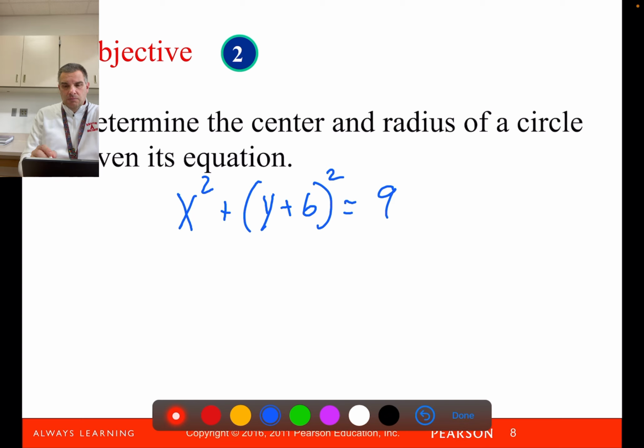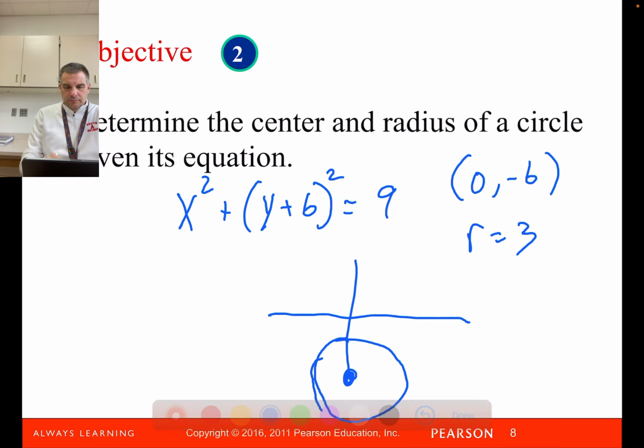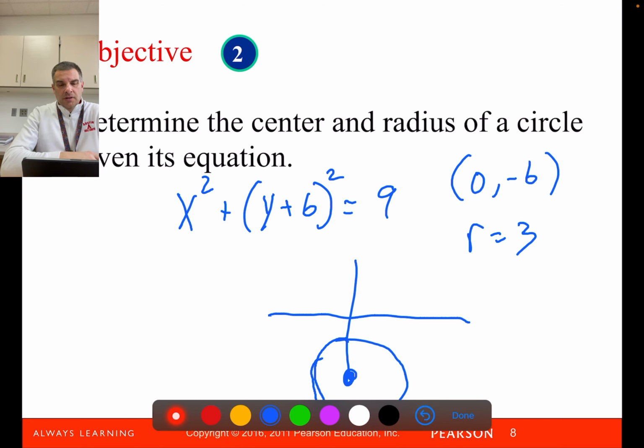Okay, you get 0, -6, the radius is 3, and there's what the graph looks like.